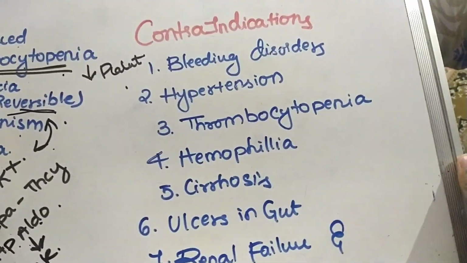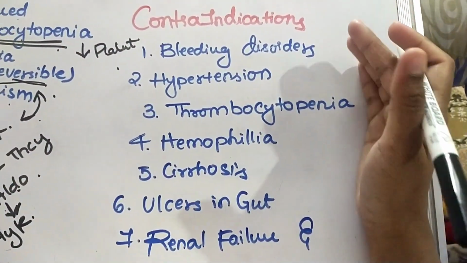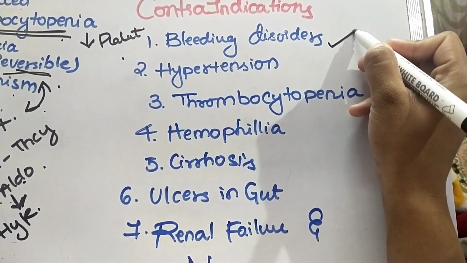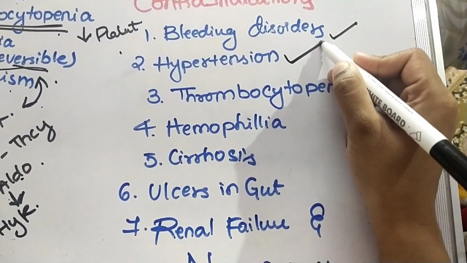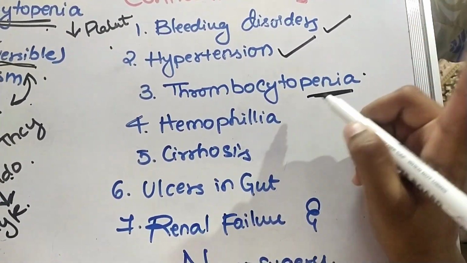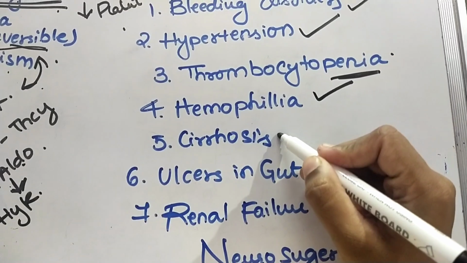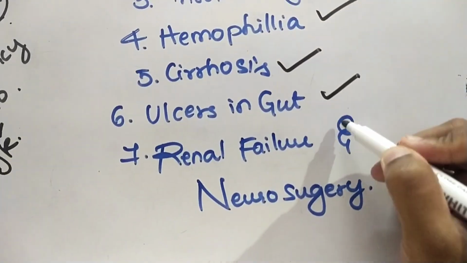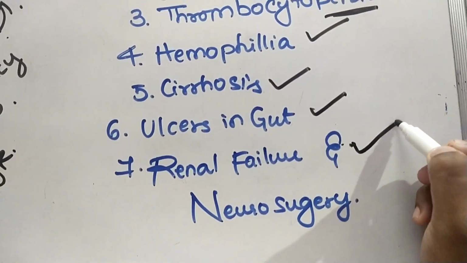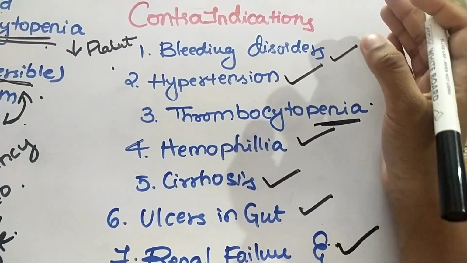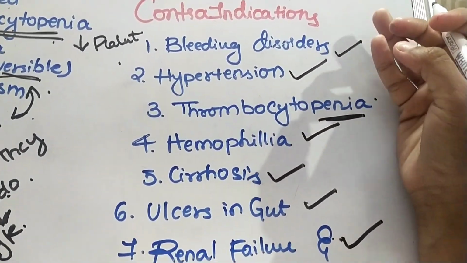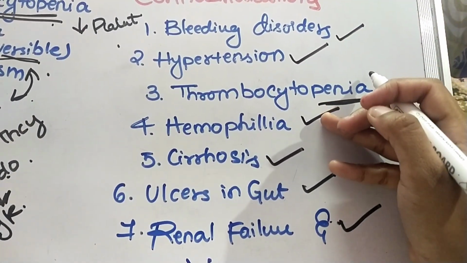Now coming to contraindications, heparin is not used in bleeding disorders, hypertension, thrombocytopenia as mentioned earlier, hemophilia, cirrhosis, ulcers in the gut, renal failure and neurosurgery.